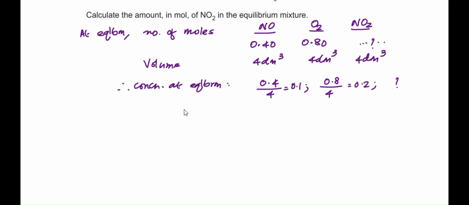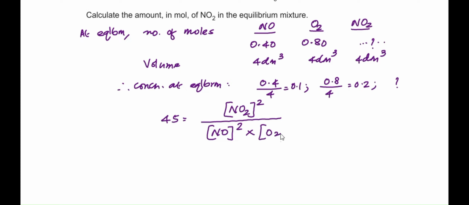So rewriting the equation for Kc, 45 equals concentration of NO2 to the power of 2 divided by concentration of NO to the power of 2 times concentration of oxygen to the power of 1. We do not know the numerator, so let's keep it like that.